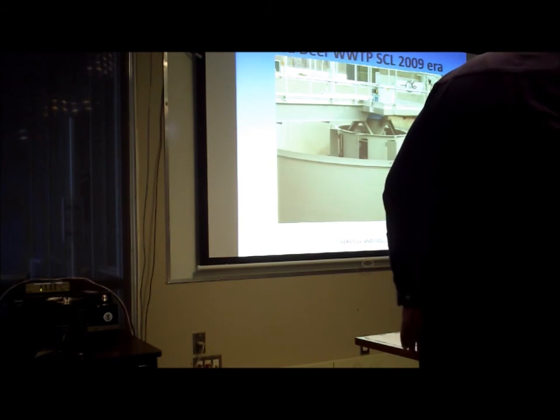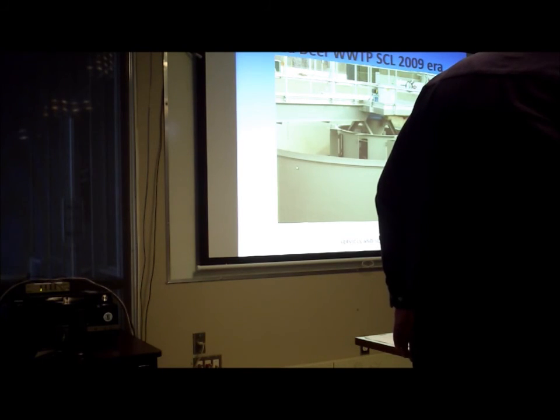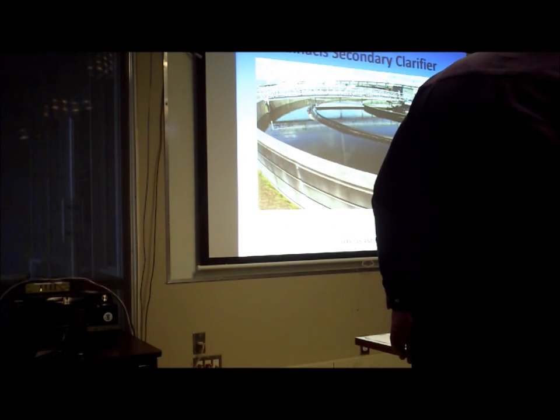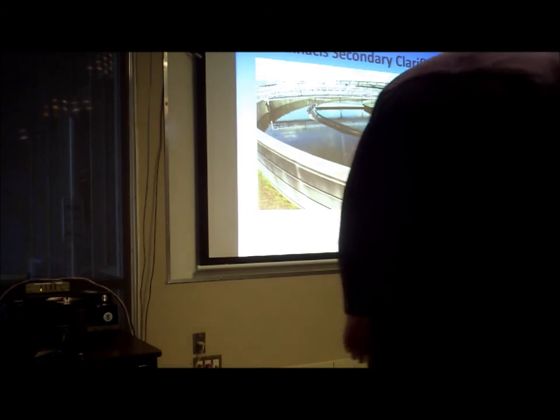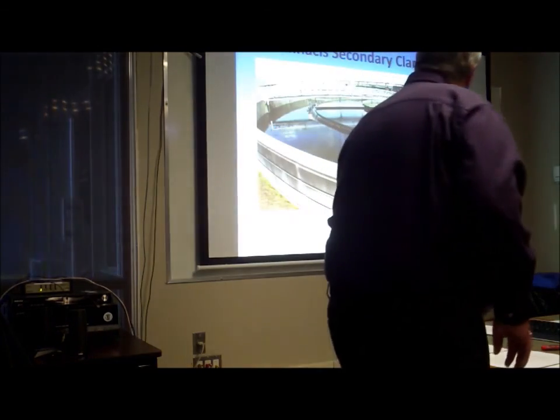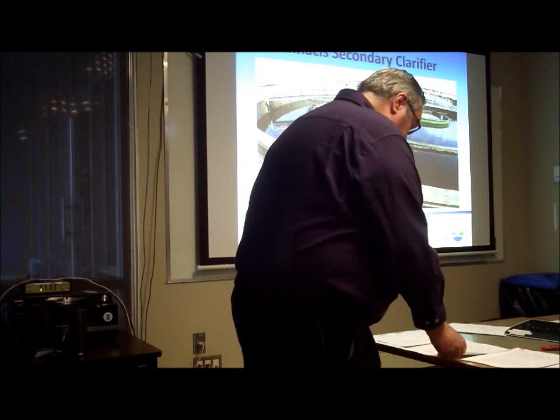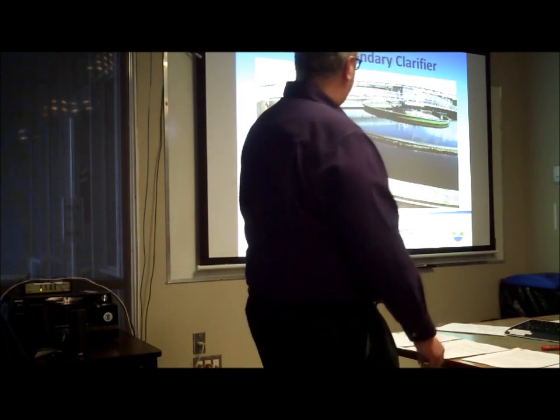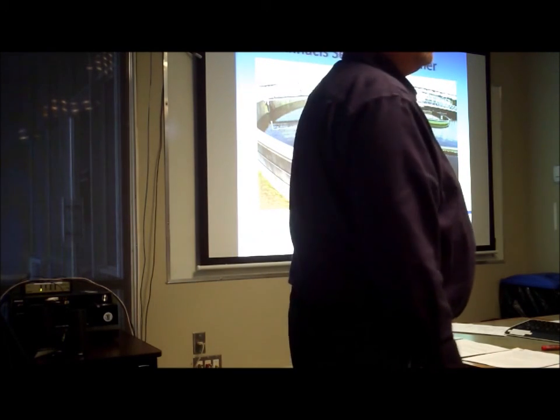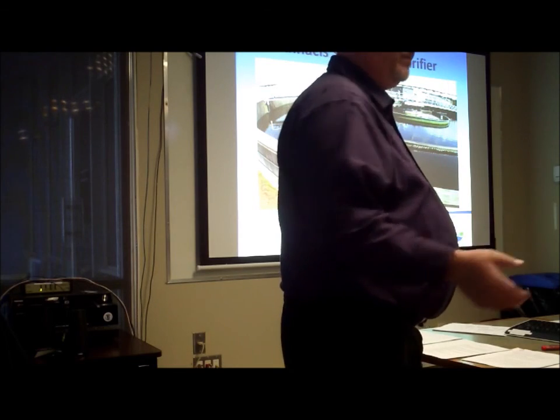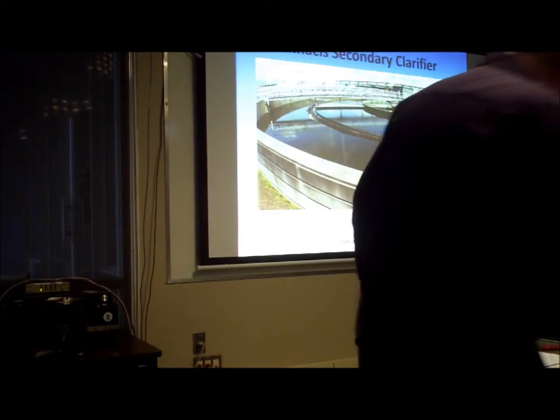Just another shot of the energy dissipating inlet tub, flocculation well. Here's a picture of one of the Annacis clarifiers. Annacis has 12 of these clarifiers. They're getting 6 more, I believe.